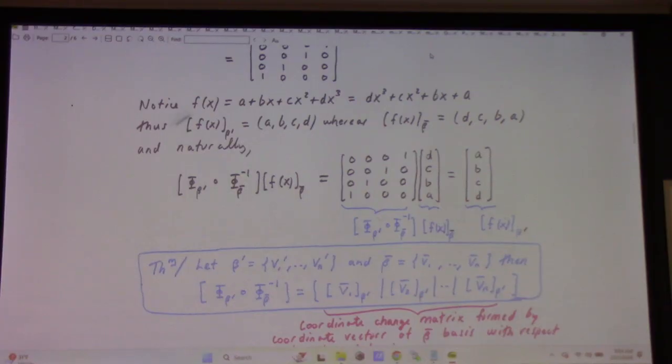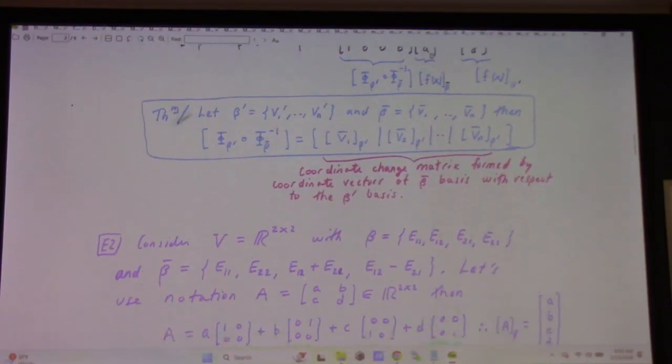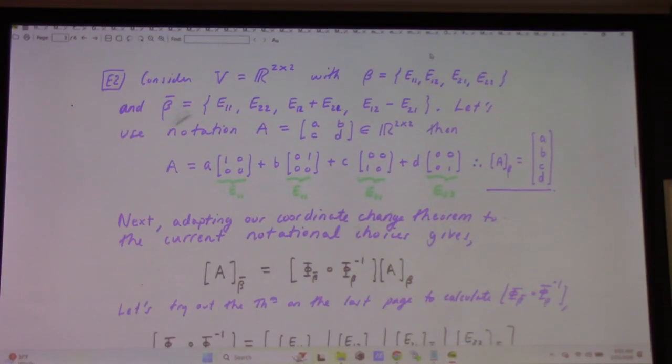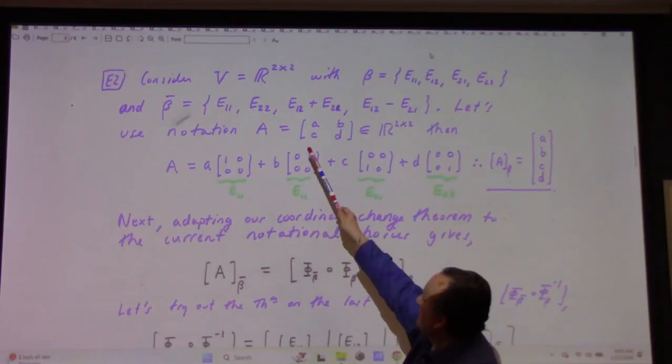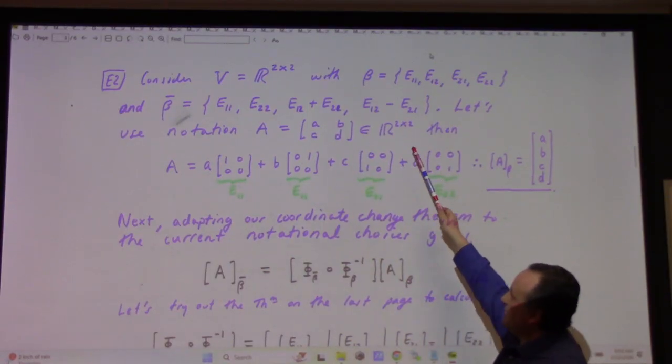Now, here's another example. I have 2 by 2 matrices, and I decided to get out my symmetric and anti-symmetric basis again. The first 3 are the symmetric part, and then you have the anti-symmetric part.